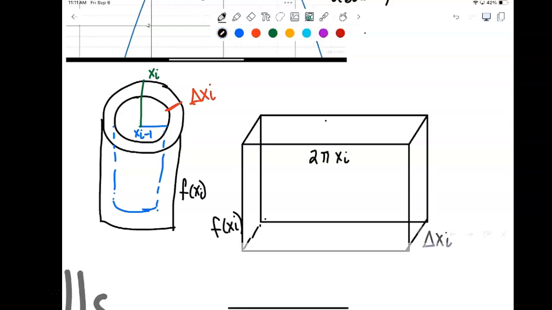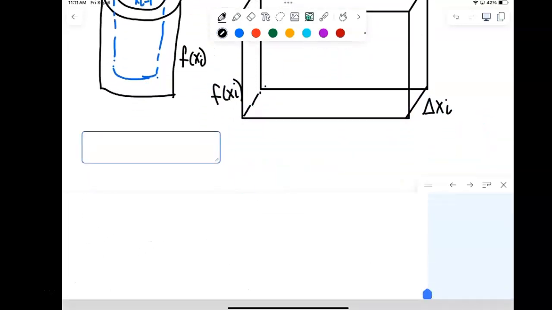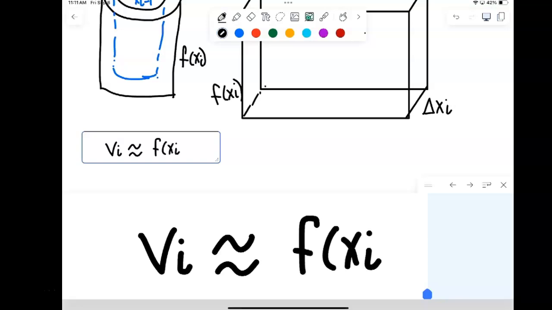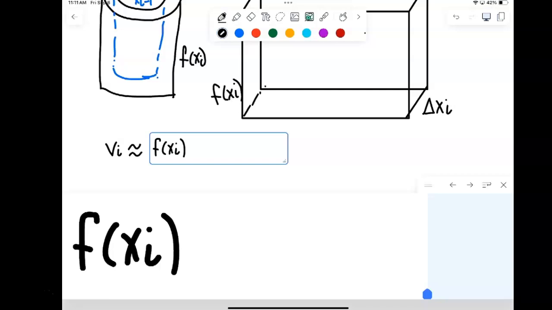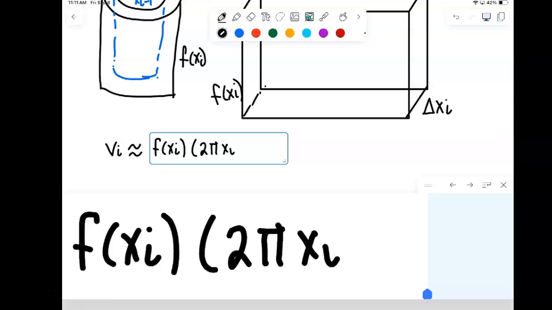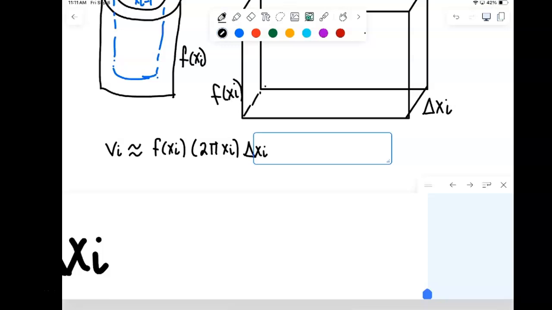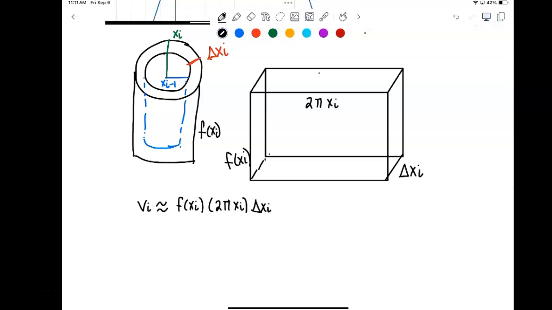And so the volume here of this thing, if we treat it as a rectangular solid, the ith volume would be approximately the volume of that pseudo-rectangle, which would be f of xi times 2 pi xi times delta xi. Again, this is not quite a rectangular solid, but it's pretty darn close.